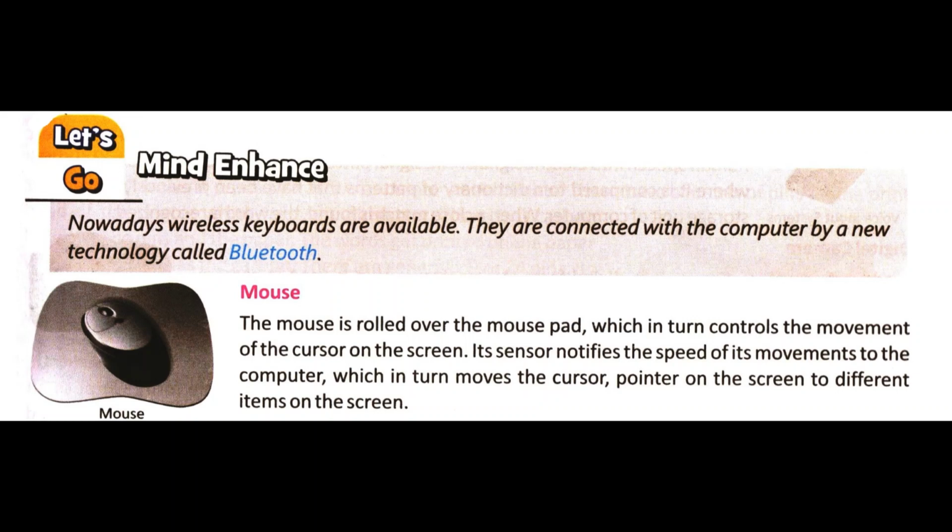The sensor of the mouse notifies the speed of its movement to the computer, which in turn moves the cursor or pointer on the screen to the different items on the screen. There are mainly three types of mouse. First one, 2-button mouse, 3-button mouse and scrolling mouse. Nowadays, wireless mouse is also available, which uses Bluetooth technology to connect to the computer.